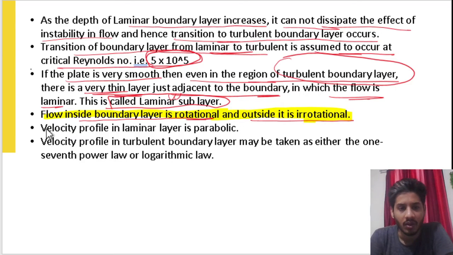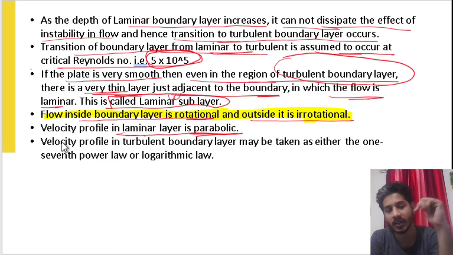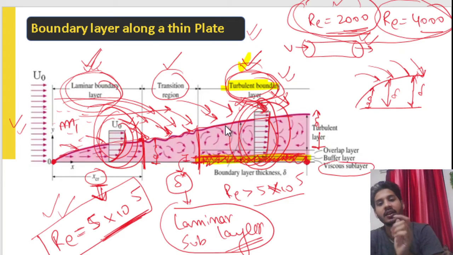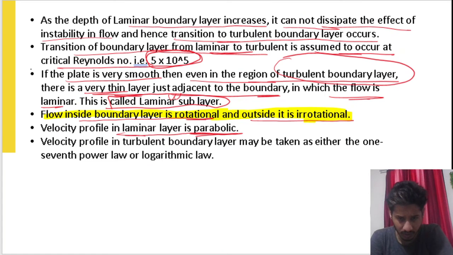Secondly, the velocity profile in the laminar layer is parabolic. As I already told you, the difference between the velocity profiles: you can see this velocity is parabolic and this is logarithmic, somewhat flatter. The velocity profile in the turbulent boundary layer is flatter than in the laminar boundary layer.